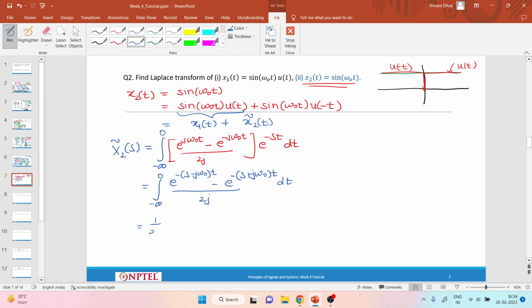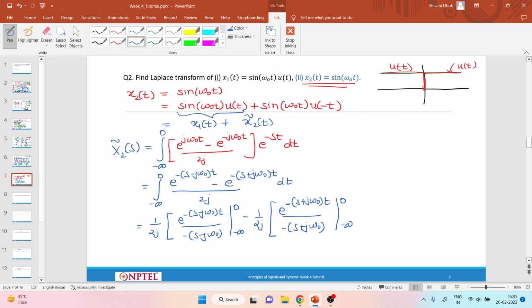This will lead to 1 by 2j e power minus (s minus j omega naught) t upon minus of (s minus j omega naught) from minus infinity to 0, minus 1 by 2j integral e power minus (s plus j omega naught) t upon minus of (s plus j omega naught) from minus infinity to 0.